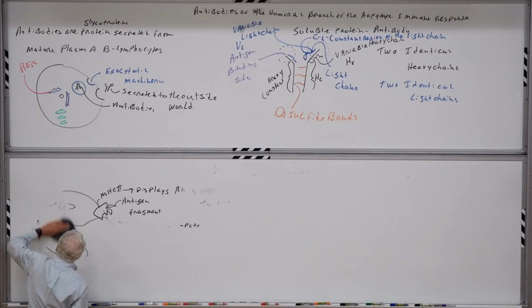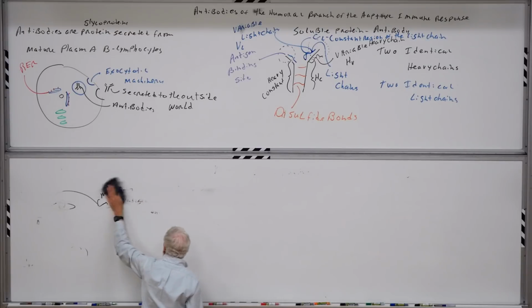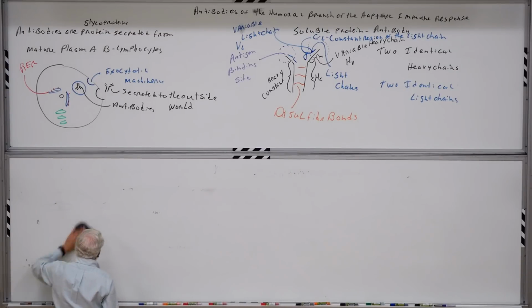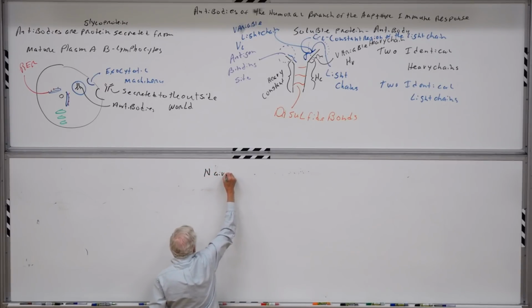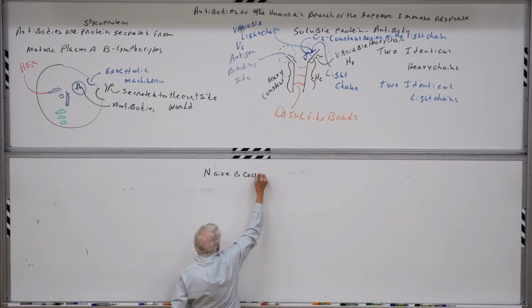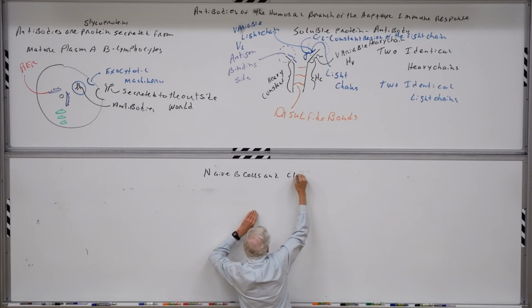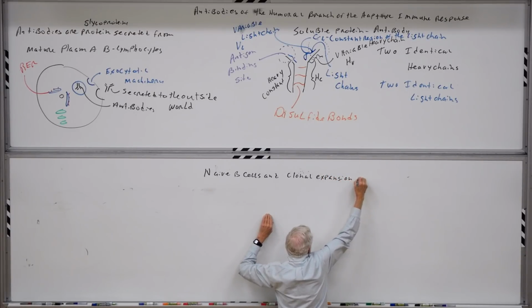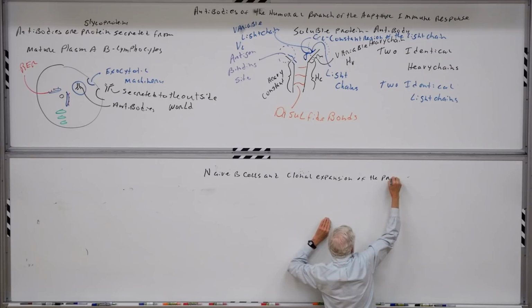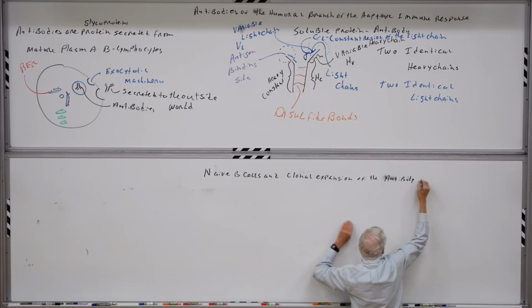It's going to be pretty similar to this macrophage story, but keep a watch out, and we'll talk about naive B cells, and clonal expansion of the protein. Let me say antibody they express.